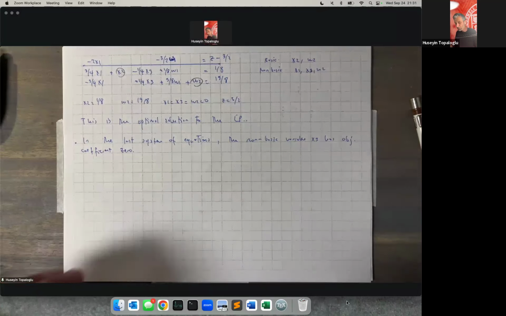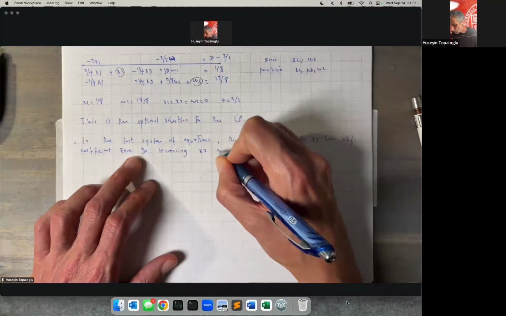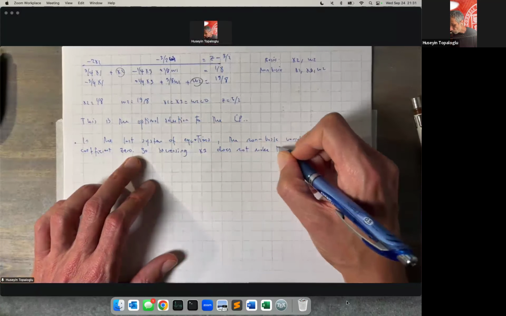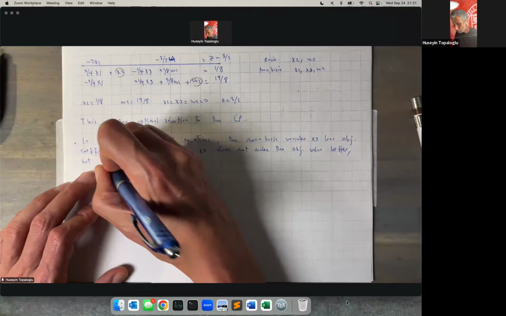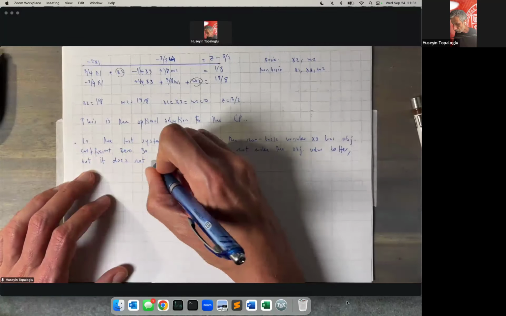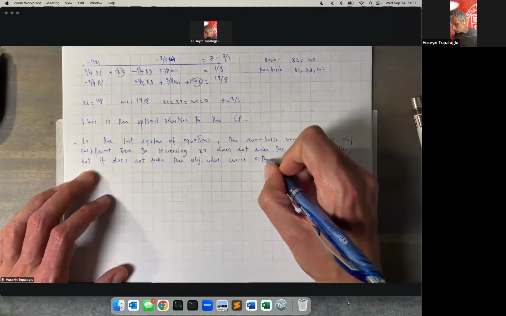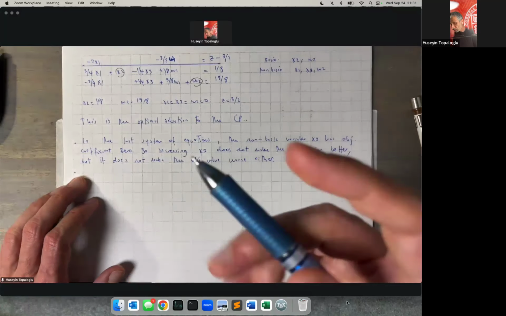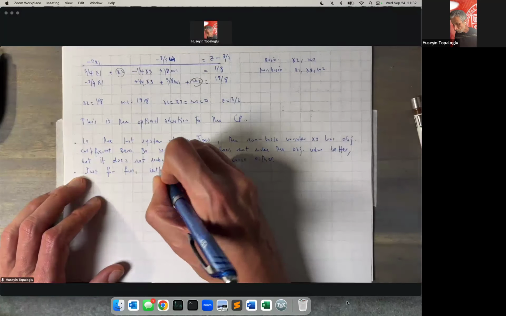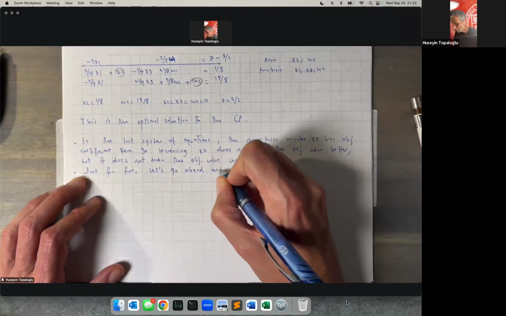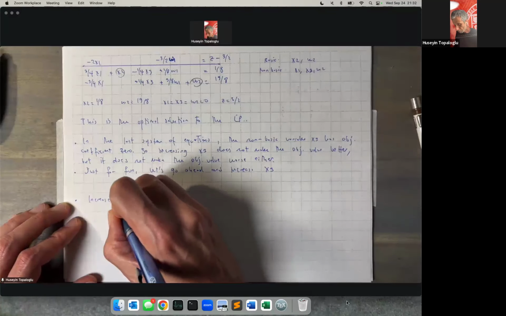Let's, for fun, go ahead and increase the value of x3 and see what happens. So we're increasing x3.